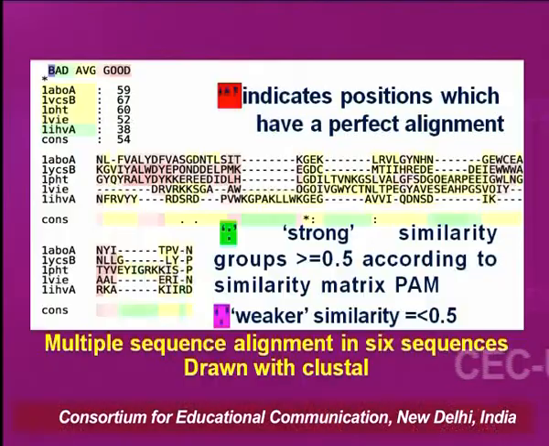Then the colon shows strong similarity, and this is greater than 0.5 according to the similarity matrix PAM. I am not talking about the similarity matrix PAM here because I will be taking that in detail after a while, but it shows a strong similarity, and it also shows you weaker similarity, the one with the single dot.